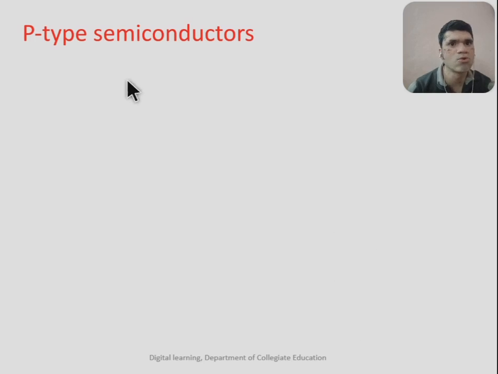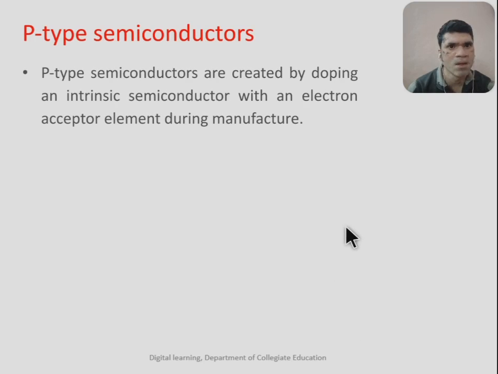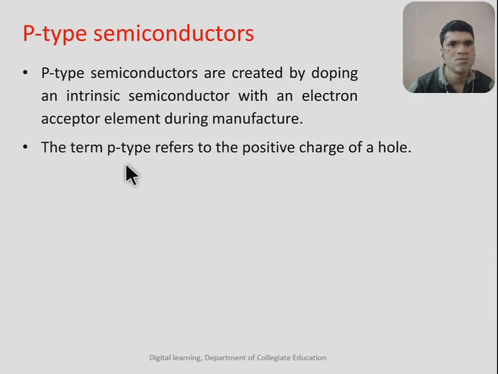So next we will move to P-type semiconductors. P-type semiconductors are created by doping an intrinsic semiconductor with an electron acceptor element during manufacture. So the intrinsic semiconductor is doped with an electron acceptor element. The term P-type refers to the positive charge, or a hole.